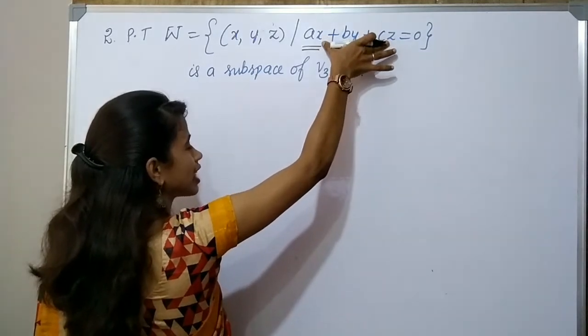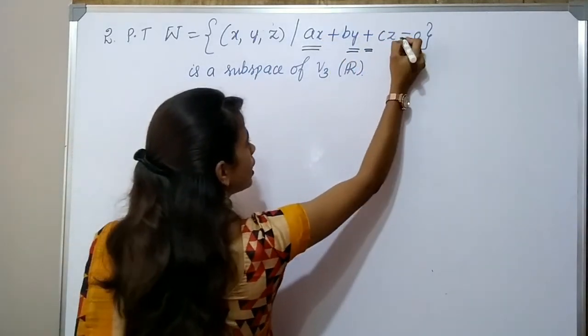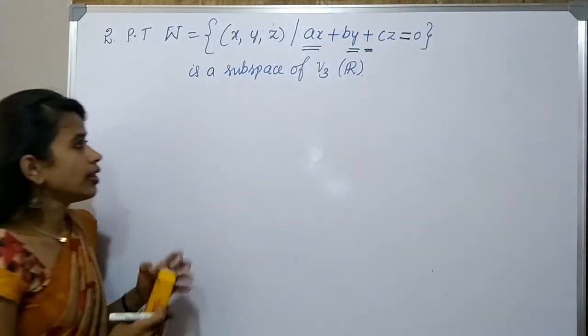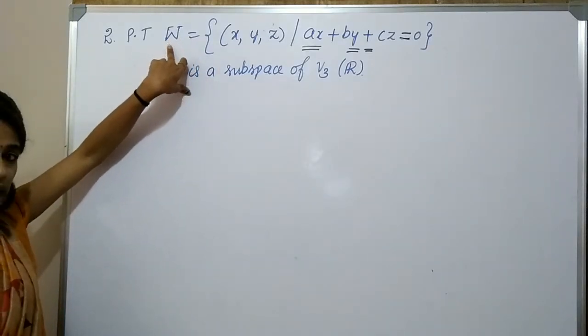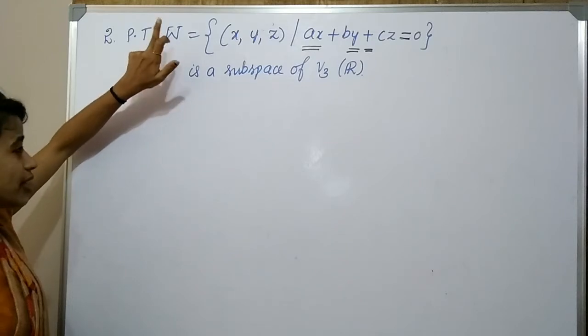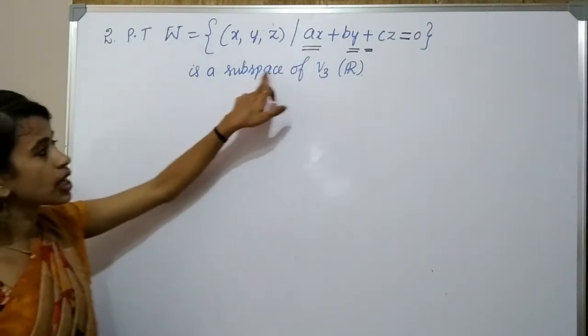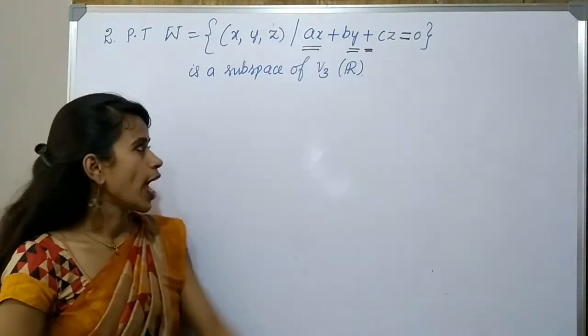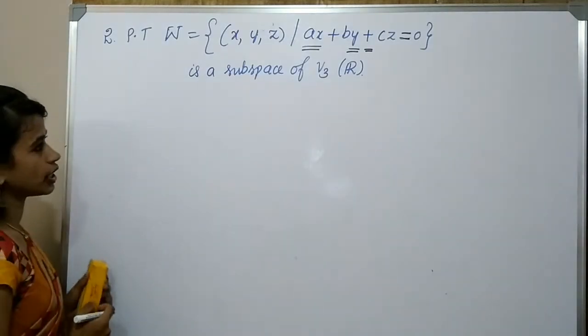If ax + by + cz equals 0, then that element belongs to the collection W. So we have to show that this set is a subspace of V3 of R.